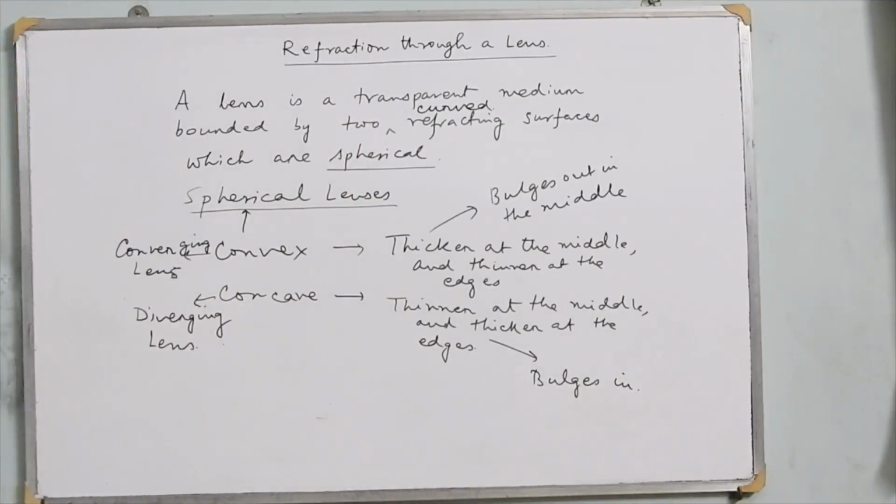So now concave and convex lenses are also of many types. Let me draw some diagrams to represent how many convex and concave lenses are actually possible.